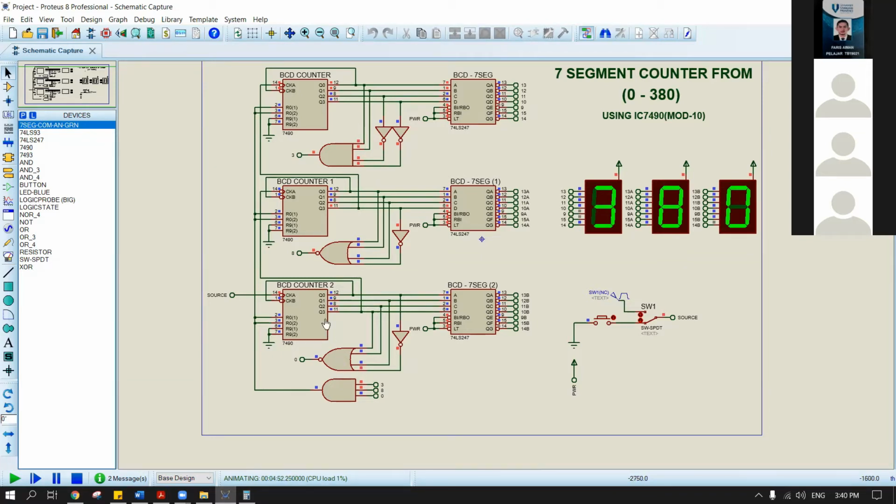Okay, so basically, why we don't want to put the 0 gate on this IC: before we want to display the number from 0 to 380, right?